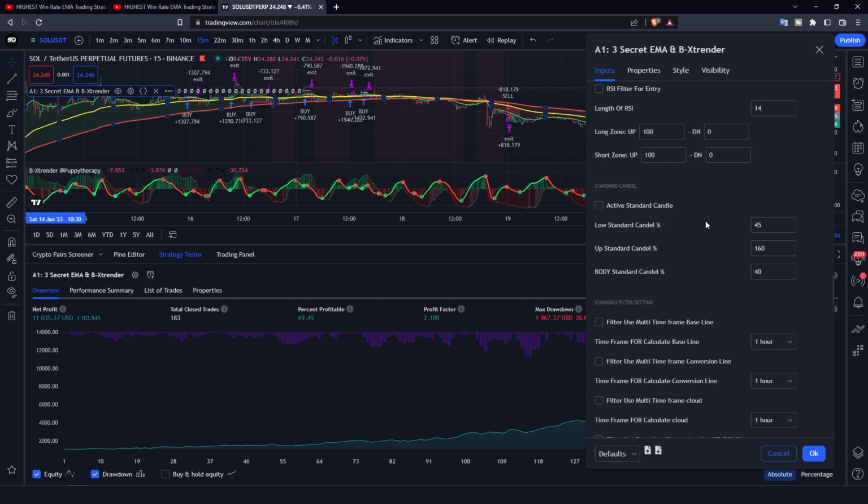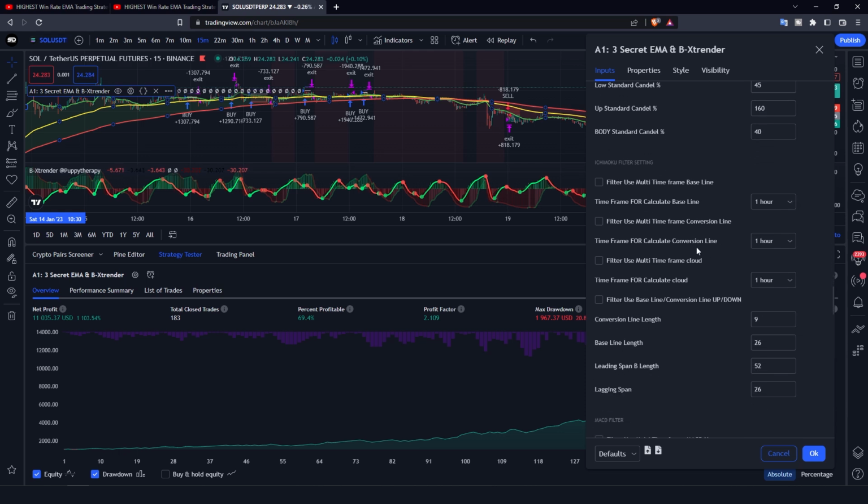It means that the position that it takes have a standard candles that shouldn't be lower than 45% ATR and more than 160% of ATR, and have at least 40% body.